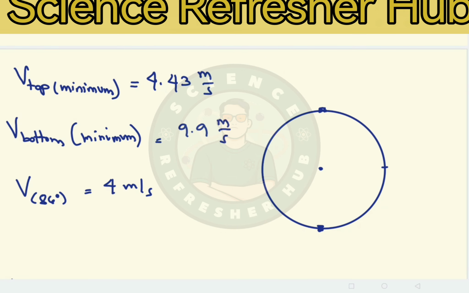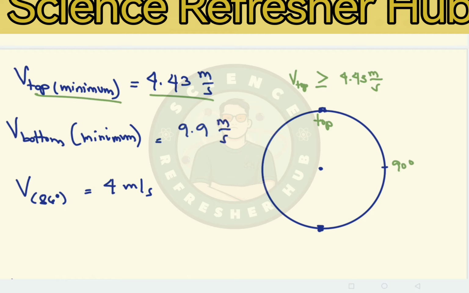So these are the values that we calculated a while ago. We have the top velocity at its minimum, 4.43 meters per second. So the velocity at the top must be greater than or equal to 4.43 meters per second. That's the needed threshold. Equal or greater than that, it can complete the loop.